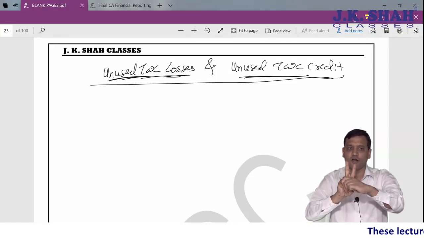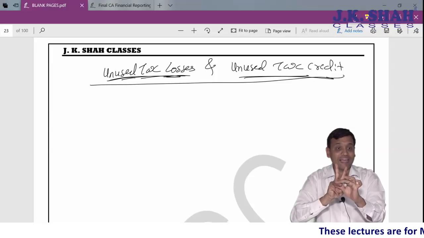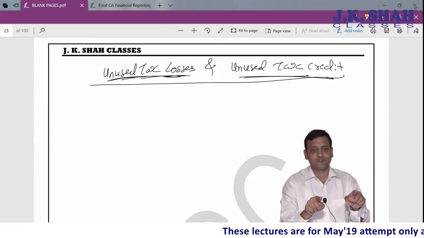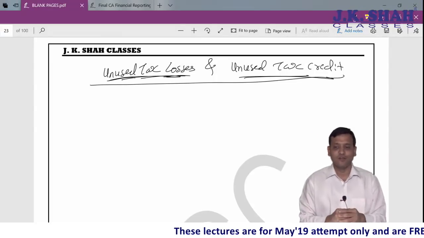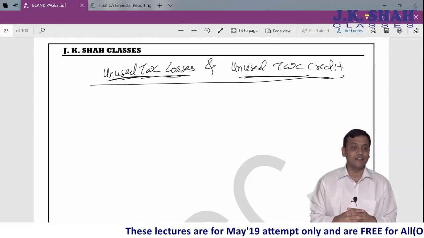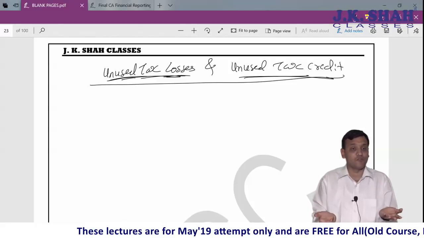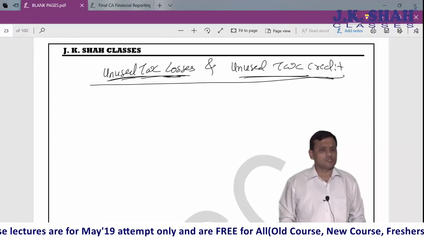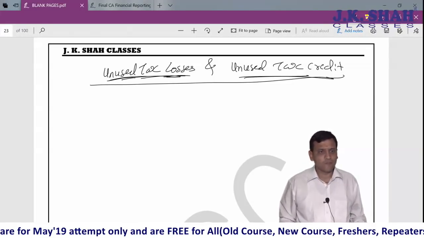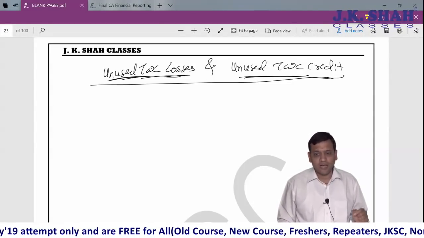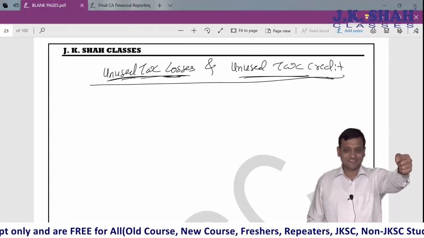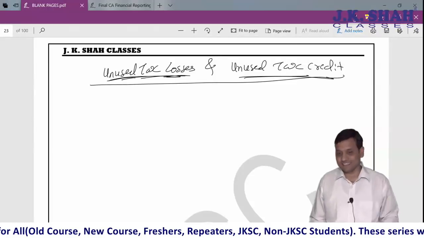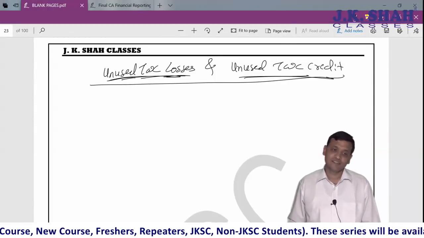I have to pay tax only on 2 lakhs. तो ये जो 1 लाख पे टैक्स नहीं भरना है, don't you think that much of tax recoverable is there, or an asset is getting created? Now this asset is getting created because of today. Today I have made a loss, and because I have made a loss today, I am going to get benefit in future. So this standard says, I will create deferred tax asset.